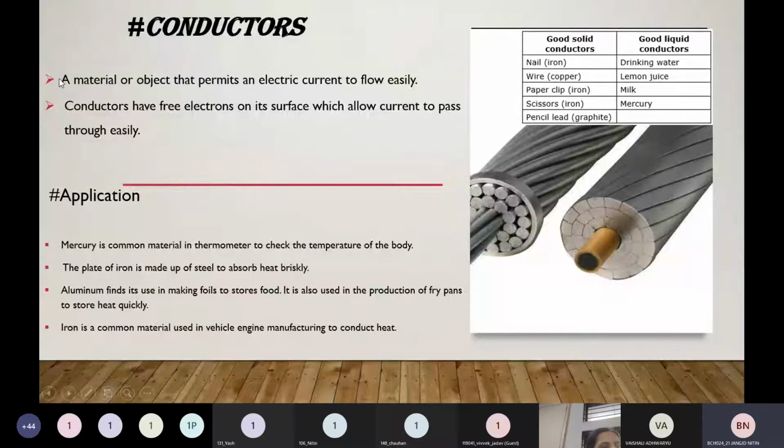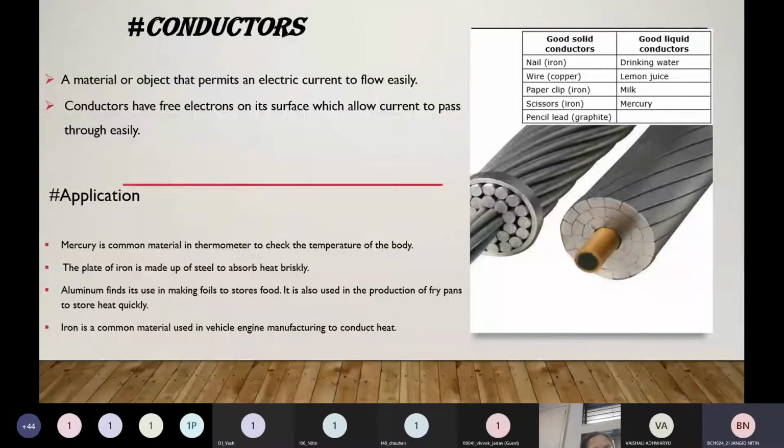Mercury is a common material in thermometers to check body temperature. A plate of iron made of steel absorbs heat briskly. Aluminium is used for making aluminium foil to store food. Iron is also used in vehicle engine manufacturing.